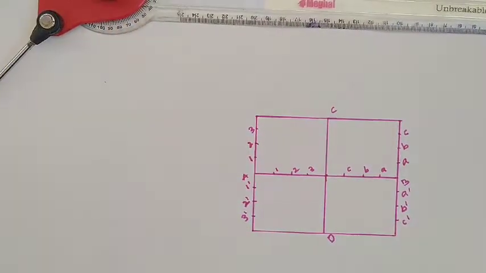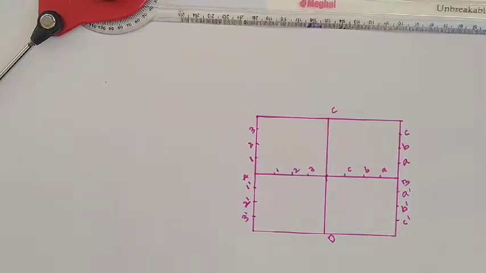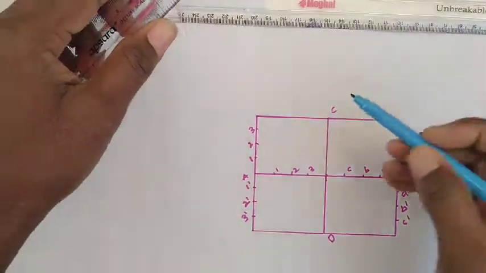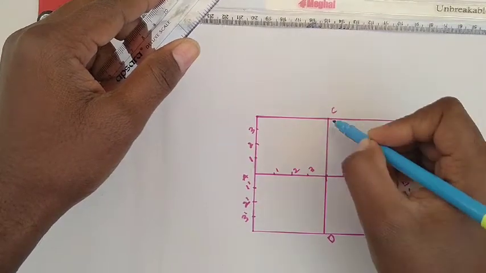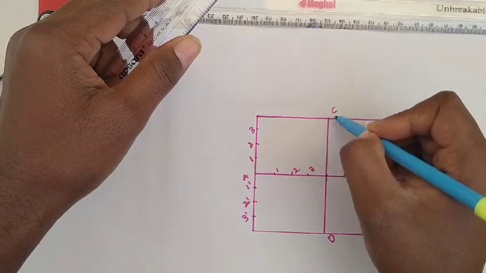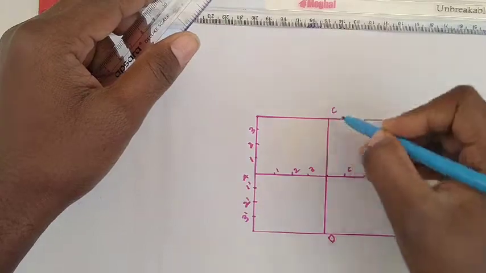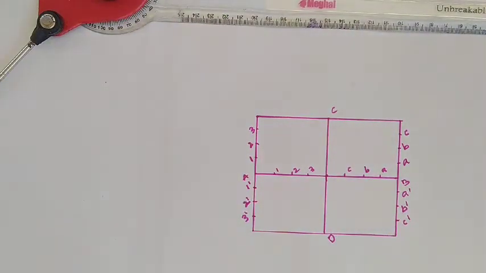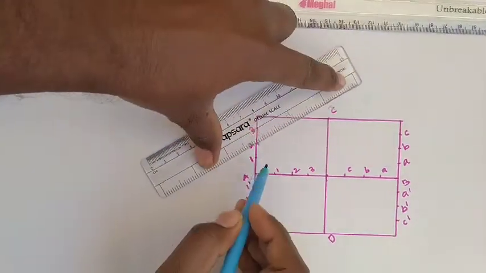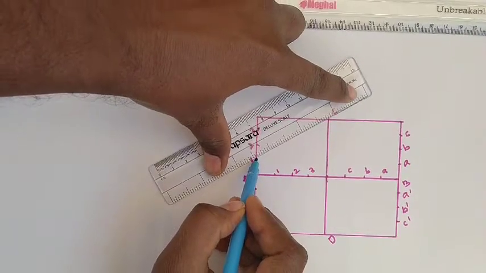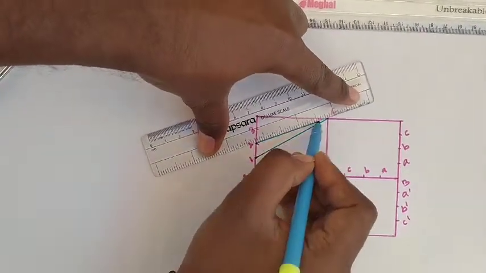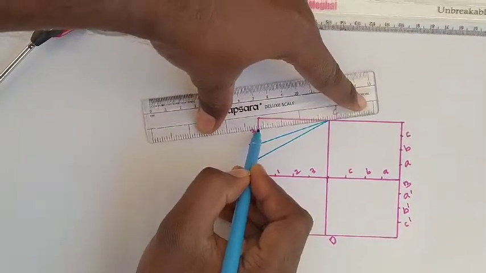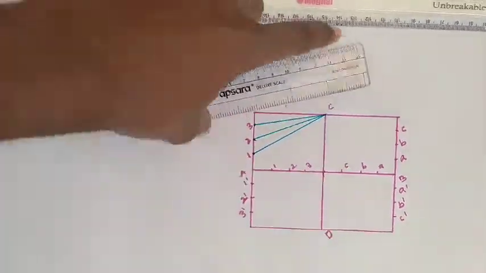Next, with the help of your scale, this is C. Above the major axis is the minor axis; this is minor axis point C and this is D. From C, join the points above the major axis: C to 1, C to 2, C to 3.